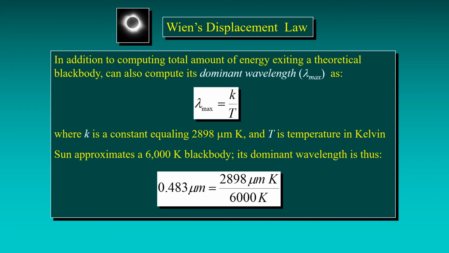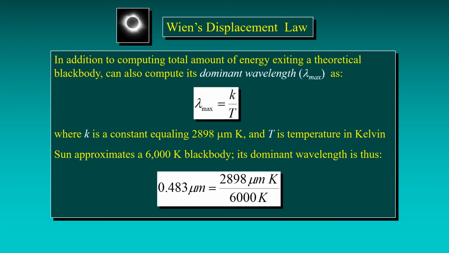So we have lambda sub max, and again, that is our dominant wavelength. And that is going to be equal to K over T. K is a constant that equals 2,898 micrometer Kelvin, and T here is temperature in units of Kelvin.